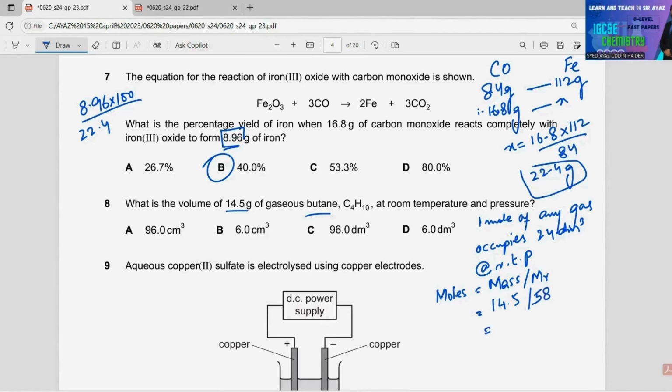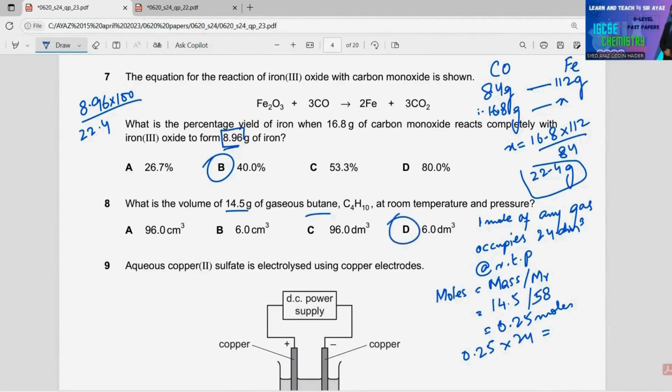So the number of moles of butane, 14.5 divided by 58, 0.25. 0.25 is the moles of butane. You simply have to multiply these moles by 24 in order to get the volume of gas.